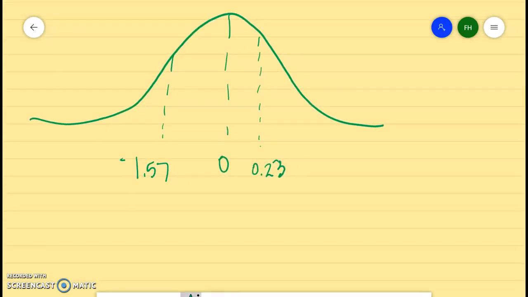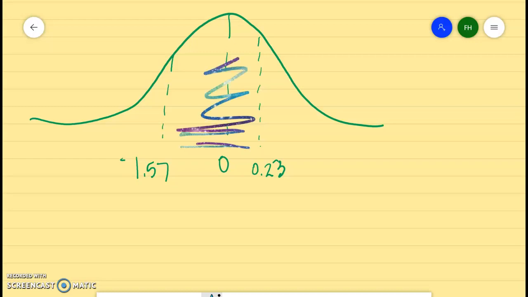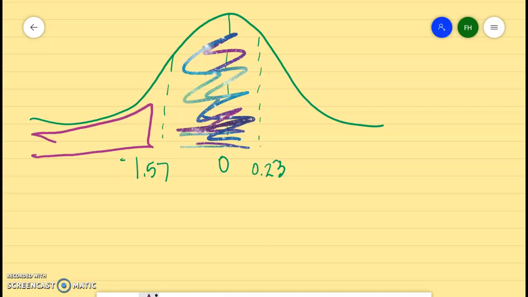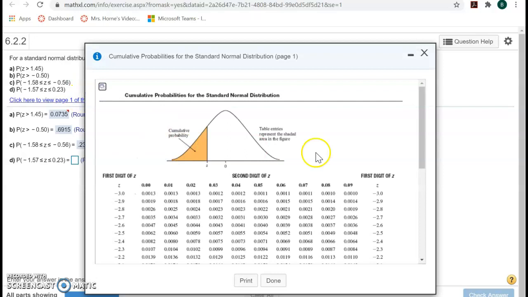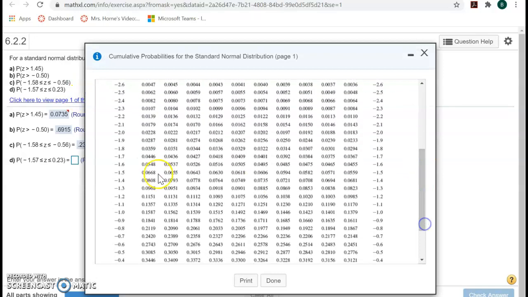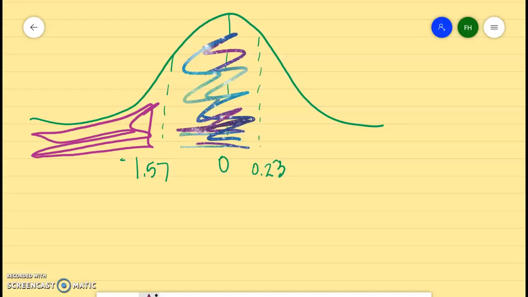We know that we're trying to find the probability of it being in between, but first, we're going to find the probability of the smaller one. 0, 1, 2, 3, 4, 5, 6, 7: 0.0582.